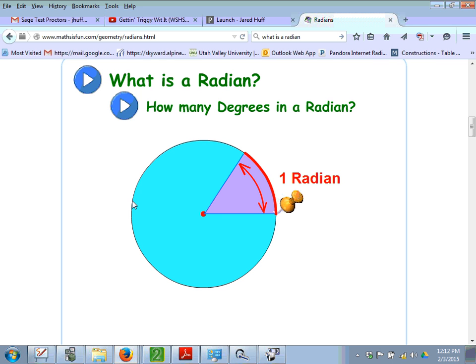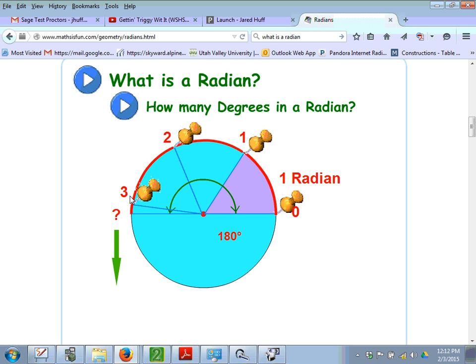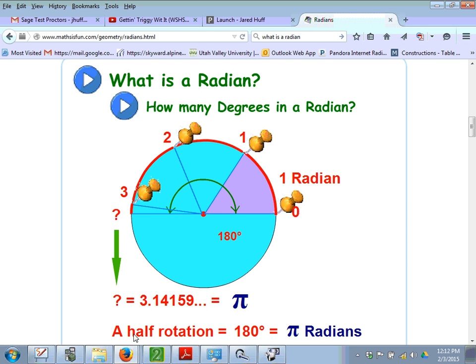It's 3 plus a tiny bit more, isn't it? What's a number you guys know of that's 3 plus a little bit more? So check this out. 180 degrees is half a circle. 3 radians plus a little bit more equals pi. So a half of a rotation is 180 degrees, or pi radians, yay!